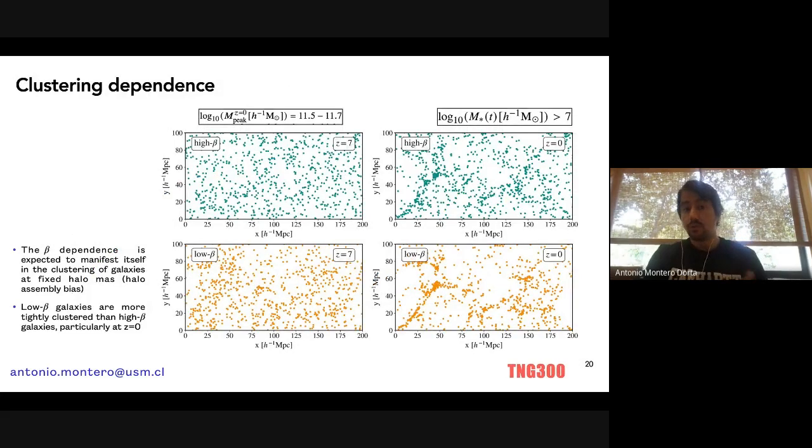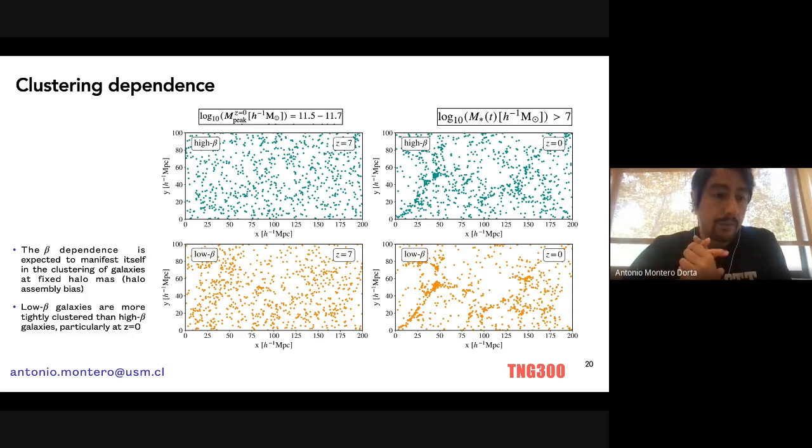And of course, then you want to also see how assembly bias depends on this parameter, which is the most natural parameter, I think, to measure assembly bias, because assembly bias is basically the dependence on the formation history of halos, right? And of course, you can see here, this is for a particular mass bin of M peak at redshift 0, 11.5 to 11.7. On the top panels, you see high beta.